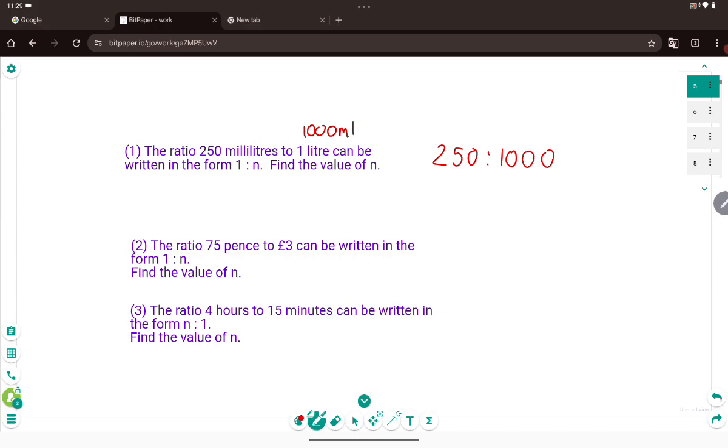We want 1 on the left-hand side, so let's divide by 250. 250 divided by 250 is 1. 1,000 divided by 250. If you're good with your mental maths, you can do it in your head. If not, you can use a calculator. Remember, for IGCSE Edexcel, you can always use a calculator. 1 to 4, so n is 4.